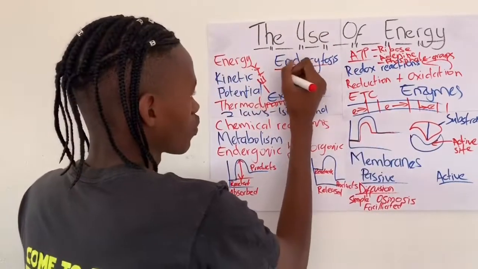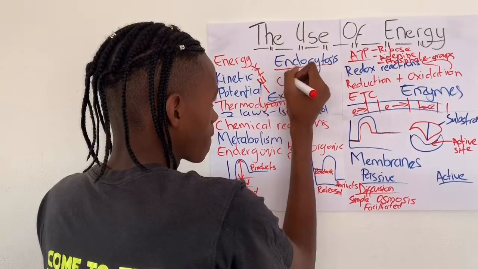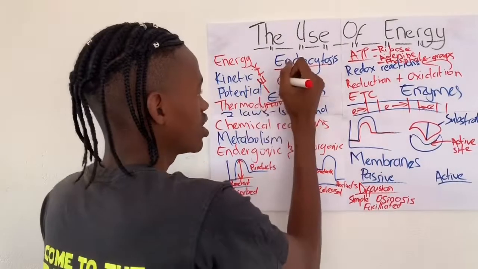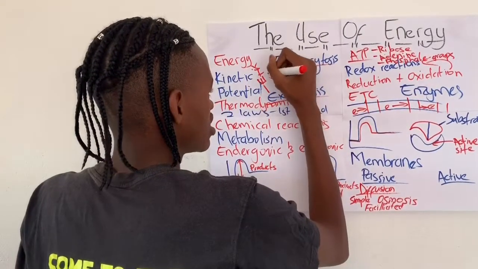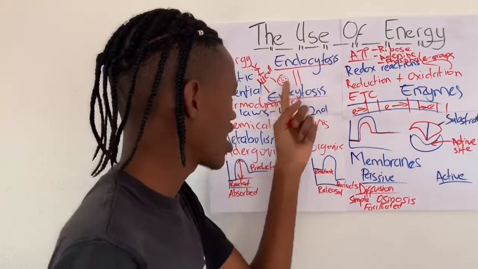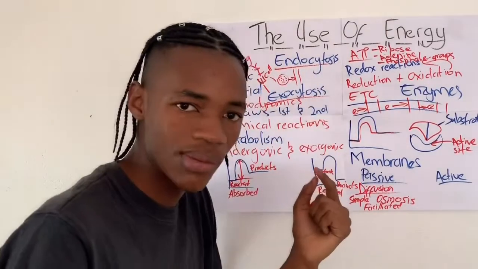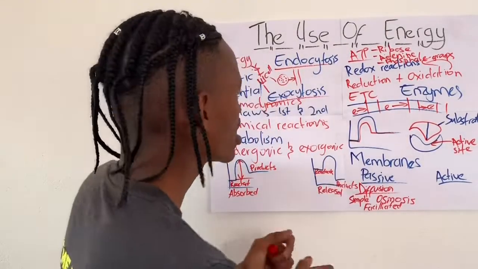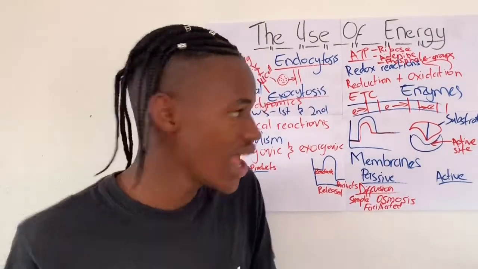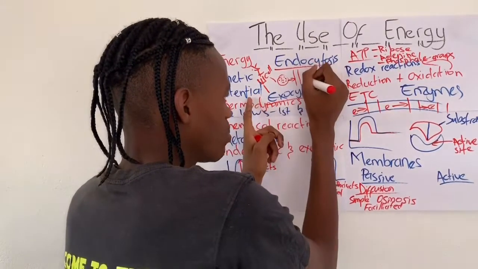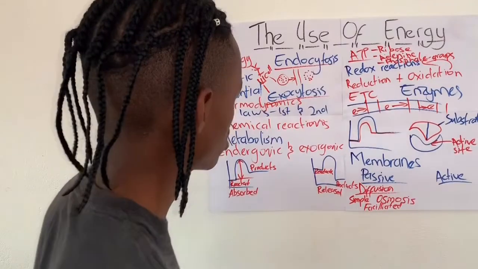So now we have something like this, where we have a vesicle with all the stuff that needs to move out of the cell, and obviously this is the cell. All the substances that need to move out of the cell move to the cell membrane and attach to the cell membrane. Then after attaching, the vesicle stays with the cell membrane, and then the substances are exported into the cell.